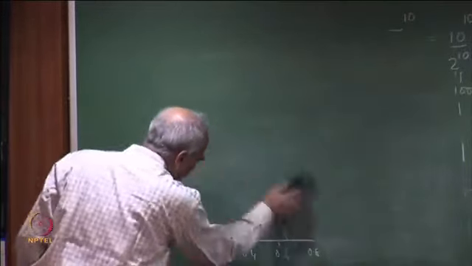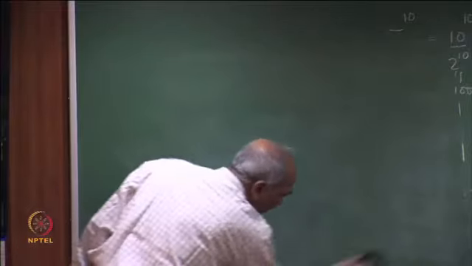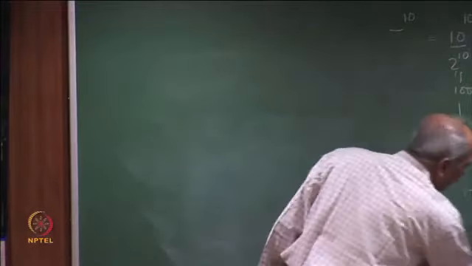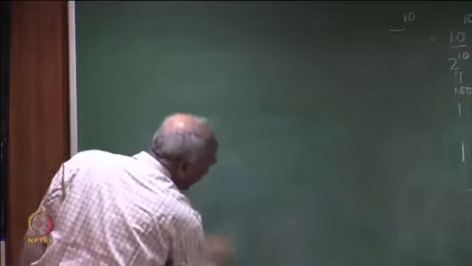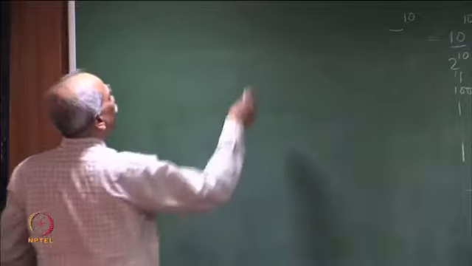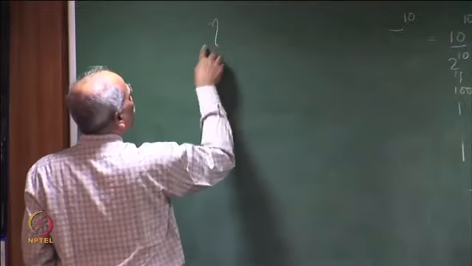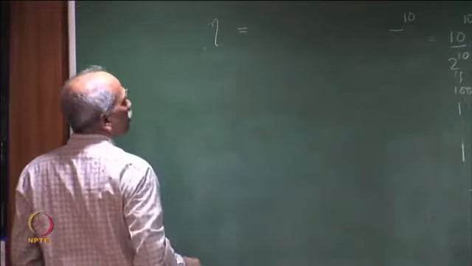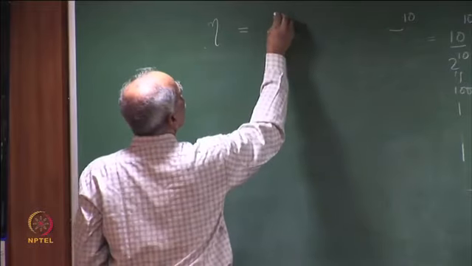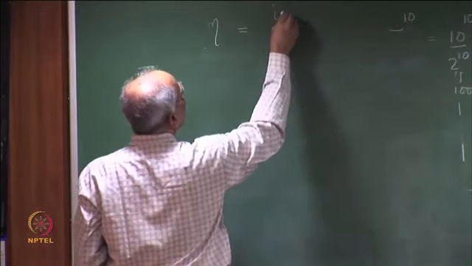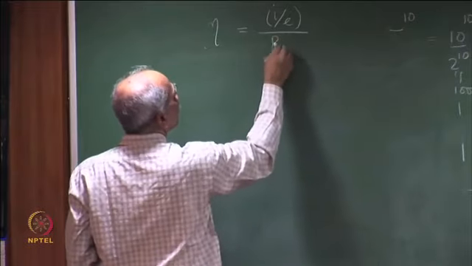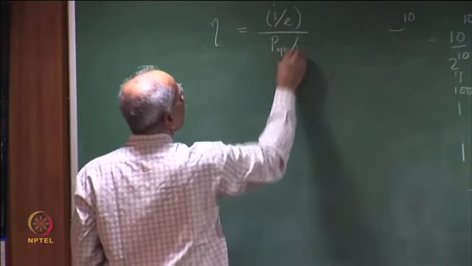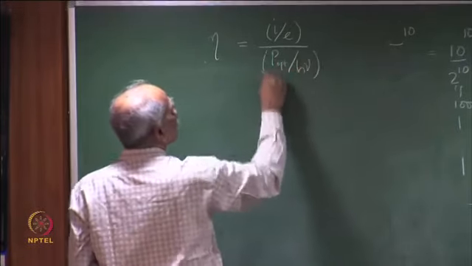As an example, what kind of voltage is generated at the output if 1 picowatt of optical power is incident? I go by the definition of quantum efficiency, which is equal to the electron flux, I divided by e, divided by the incident photon flux, that is P optical divided by h nu.